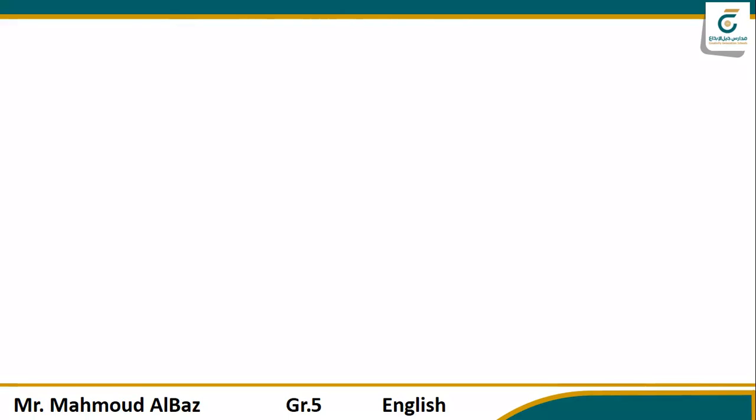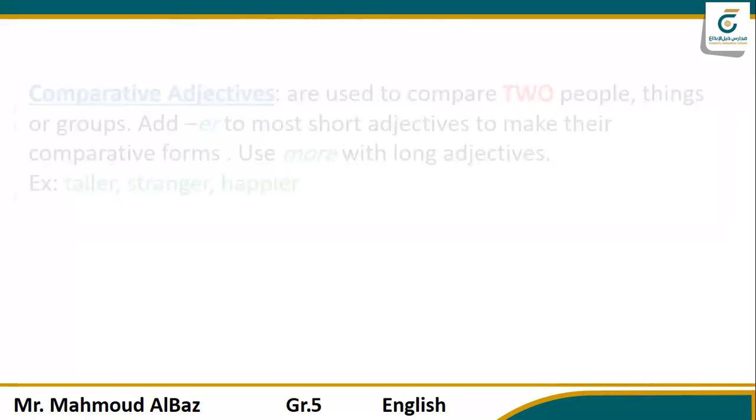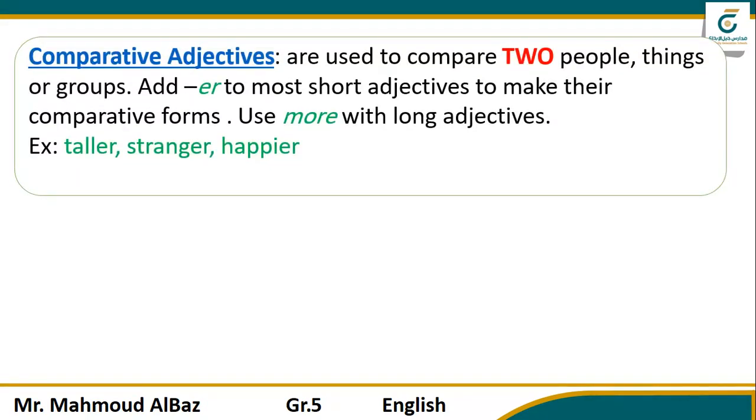It's about comparative and superlative adjectives. First of all, see the definition of the word. Comparative adjectives are used to compare two people. Remember that we compare between two people, things, or groups.